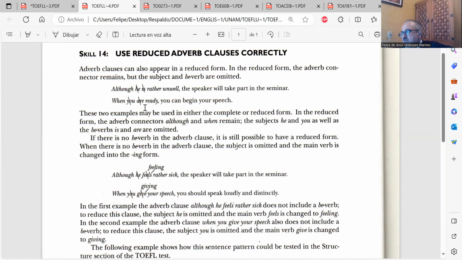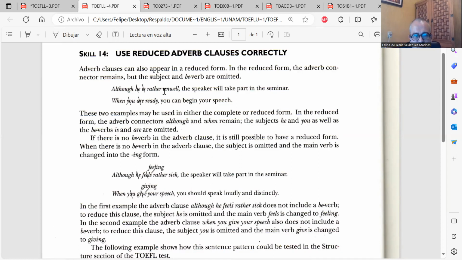As soon as he left, as soon as leaving. As soon as it was finished, as soon as finished. Or after it was finished, after finished. After he finished, after finishing.